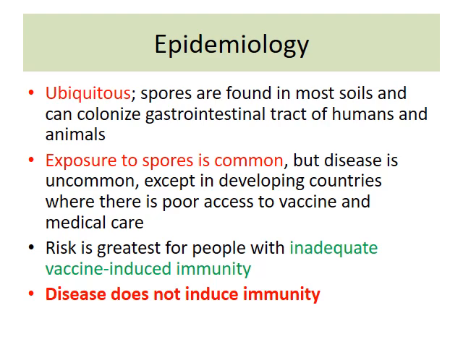Spore formation is again common, especially in developing countries, because people may have poor access to vaccine and medical care. We expect that in most countries of the world there's good coverage, but many times there are countries where there's a higher incidence because they didn't have vaccination as a childhood vaccination.